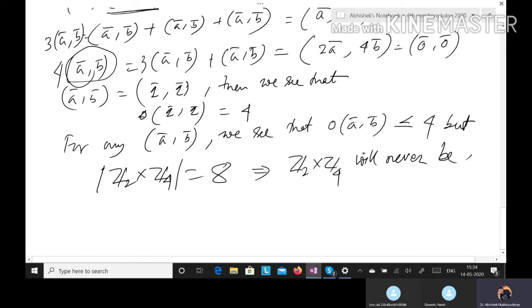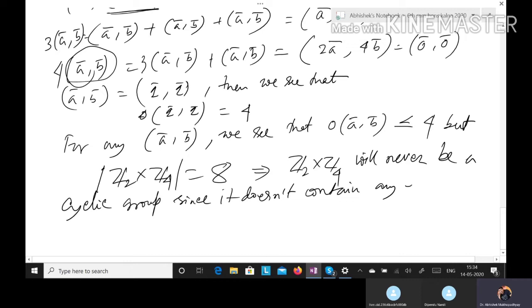because in a cyclic group you must find an element of order equal to the order of the group. It will never be a cyclic group, since it doesn't contain any element of order 8, because every element of Z2 cross Z4 is of order less than or equal to 4.